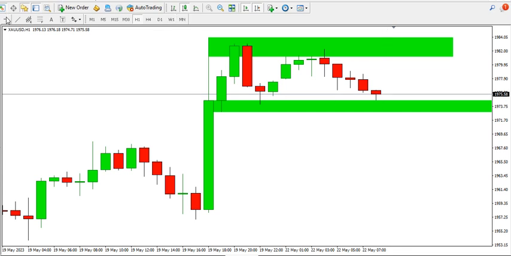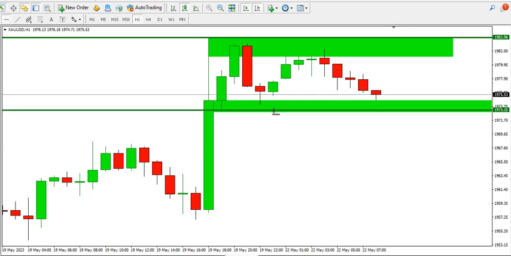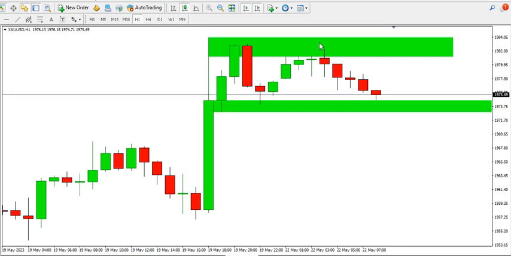Our top is the 1983.98 level, while the bottom is the 1973.07 level. So we might want to wait for the range breakout before we take a decision.